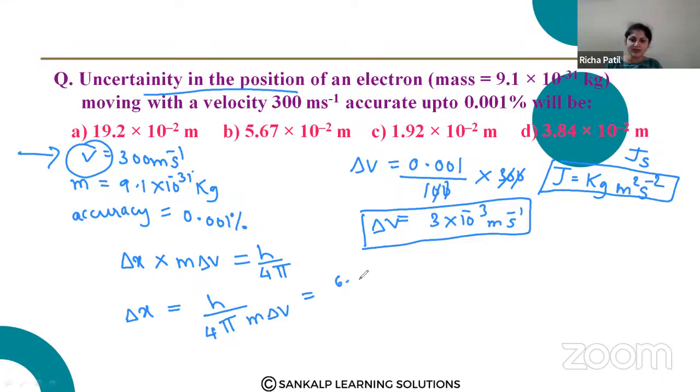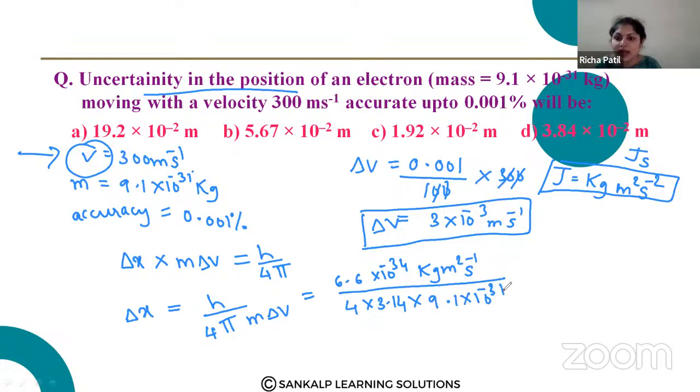The value is 6.6 into 10 raised to minus 34 kg meter square per second, divided by 4 into pi value 3.14, into mass 9.1 into 10 raised to minus 31 kg, into delta V, 3 into 10 raised to minus 3 meter per second.